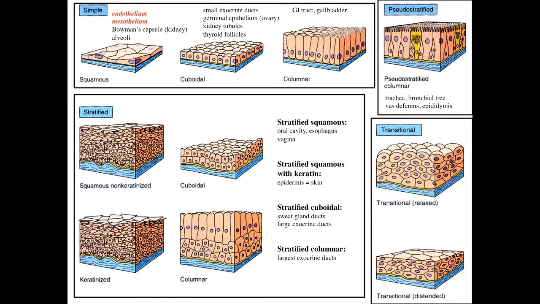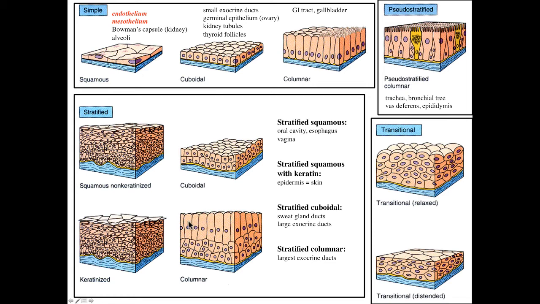Now, let me get back for a minute and talk about stratified epithelium. Here, we're talking about a stratified squamous epithelium. We're defining this as stratified squamous because the very top layer of cells is squamous, or flat. In a stratified cuboidal epithelium, the top layer is cuboidal.